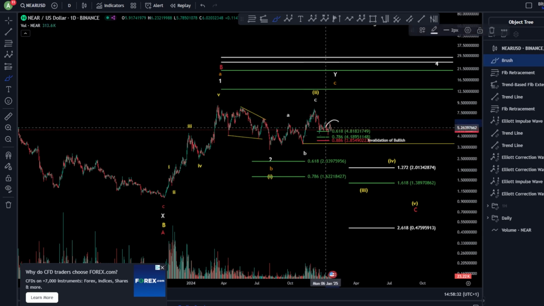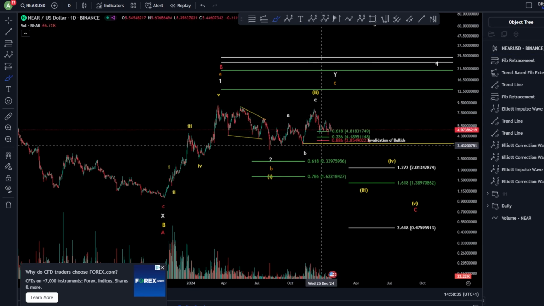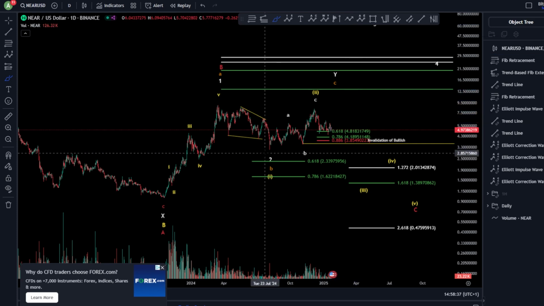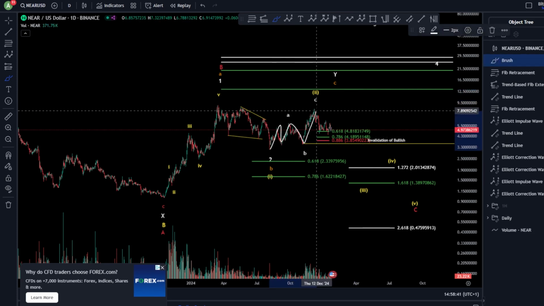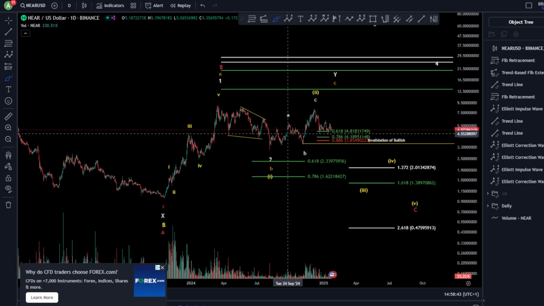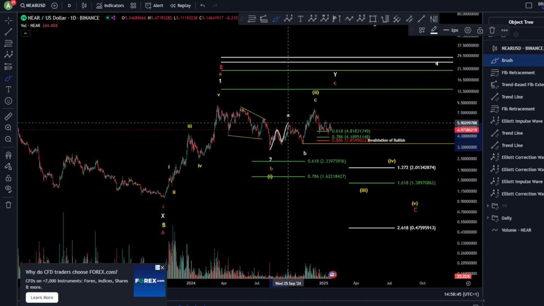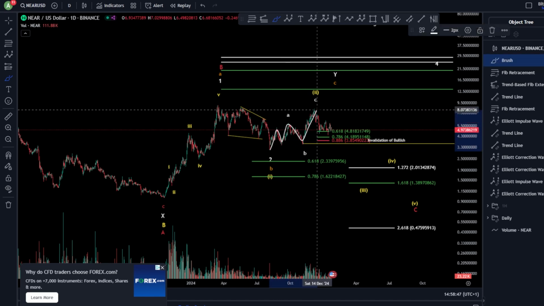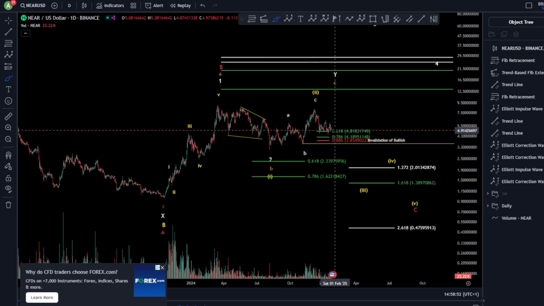In case we are bullish from here, it is a little bit hard to say, because of the overlapping here, unless we take it as an expanding diagonal, which is the rarest case scenario, where you see an expanding diagonal unfolding as a wave 1. But yeah, we're gonna see what's gonna happen.